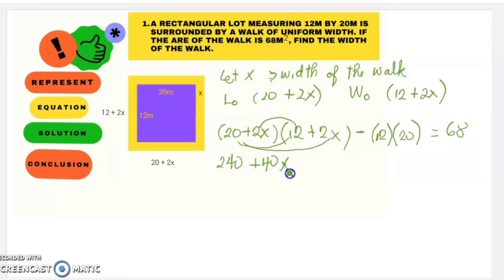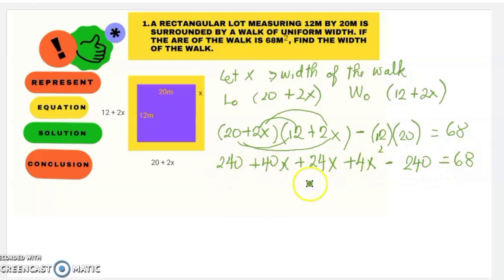Next, 2x times 12 is plus 24x. And 2x times 2x is 4x squared. Minus 12 times 20 is 240. Tama? Is equal to 68.